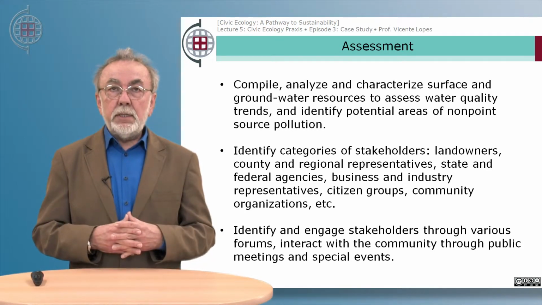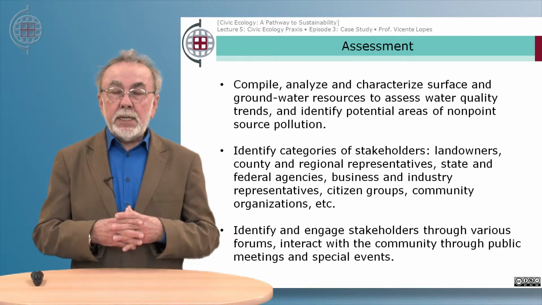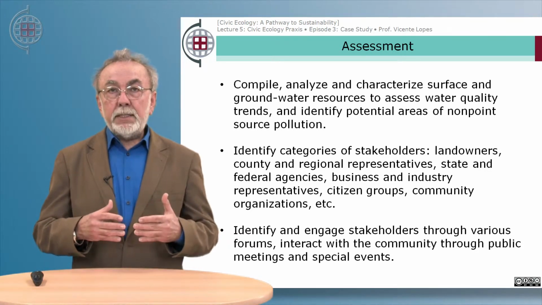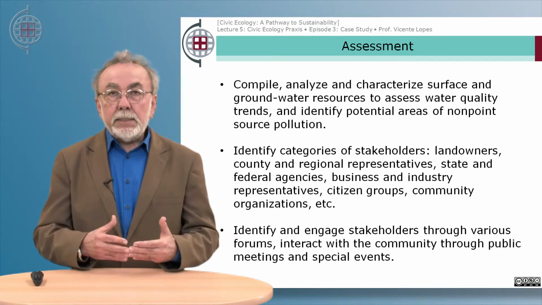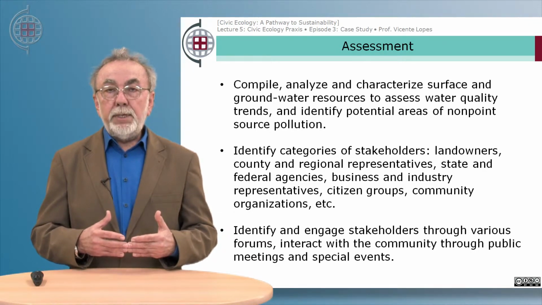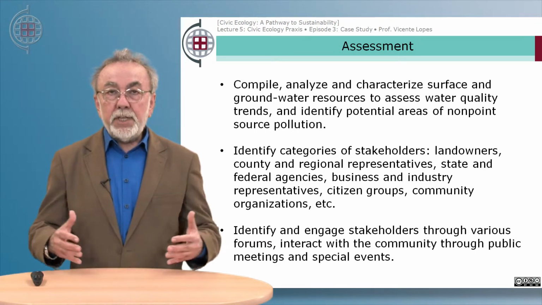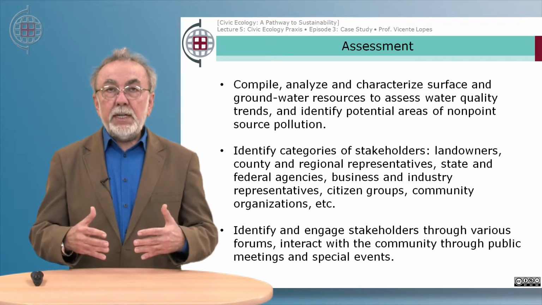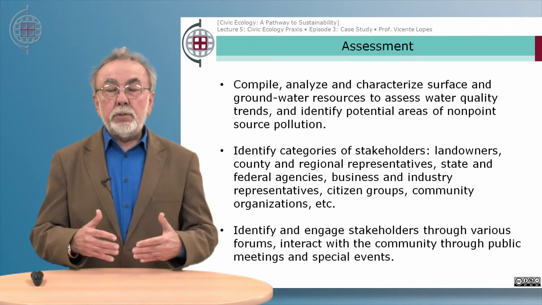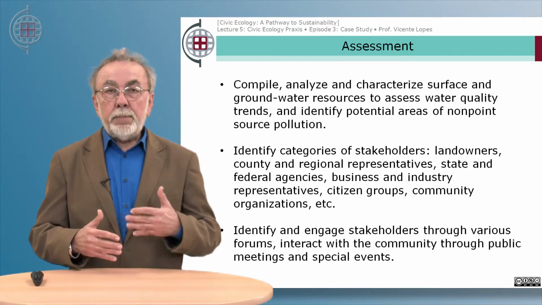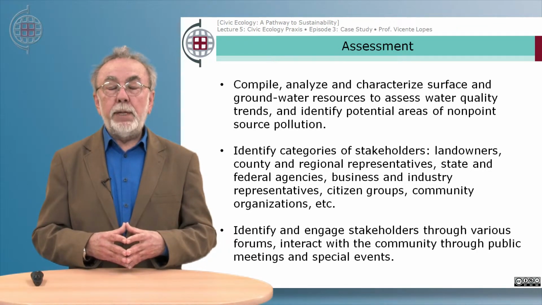Why is this important? This is important because, again, civic ecology practice is based on a stakeholder process. It's supposed to bring to the table a group of stakeholders to discuss a direction, to create a vision, to develop a plan and implement that plan.